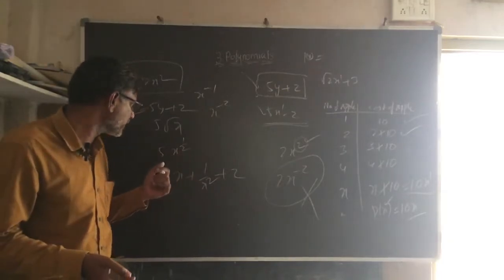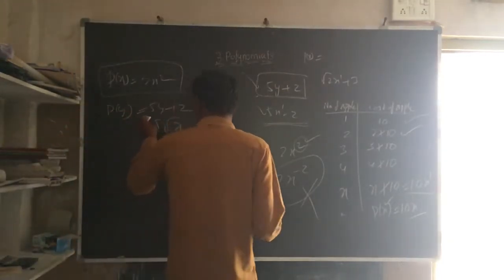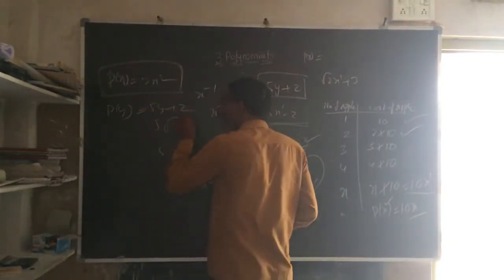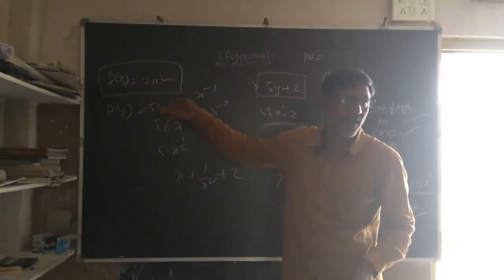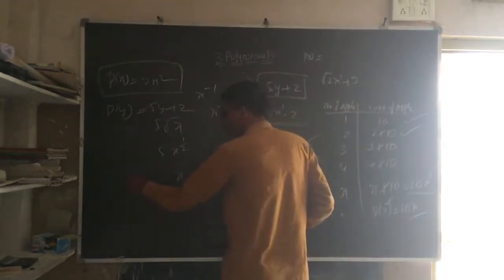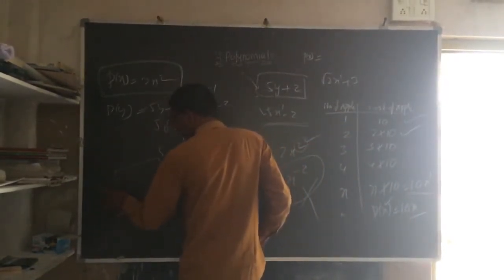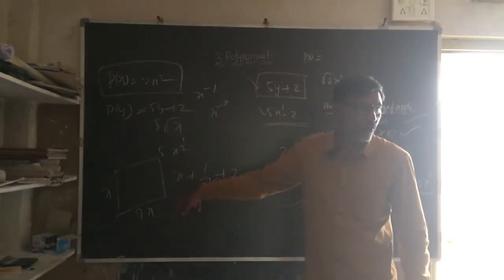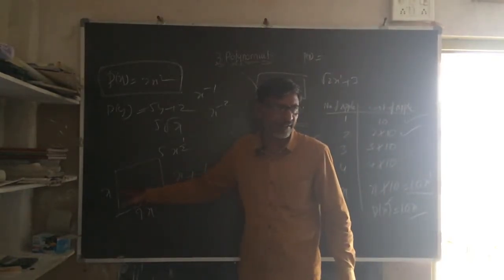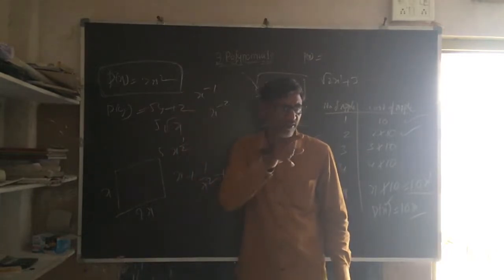Before that, we discuss one rectangular hall. This is my rectangular hall. This is x and this is 2x. Length is twice its breadth, as given in the previous question. I gave one example.